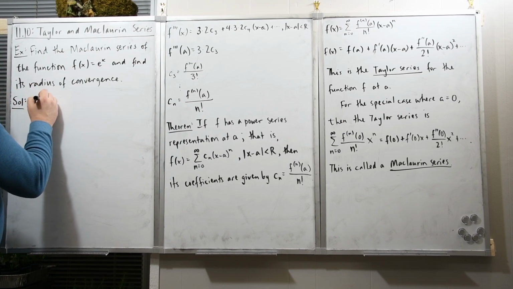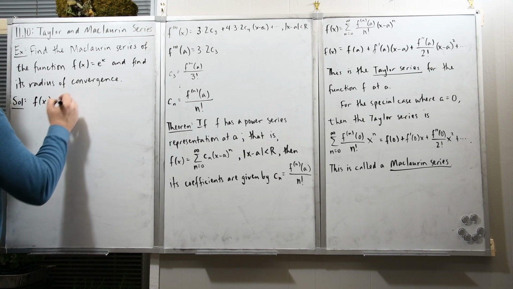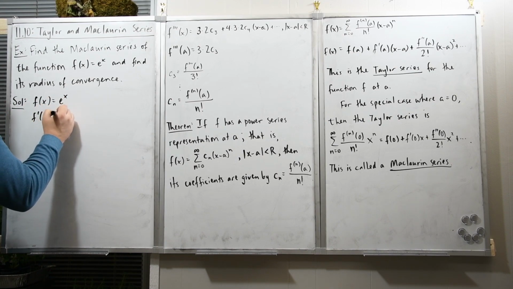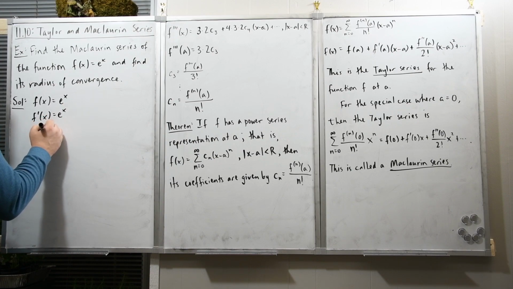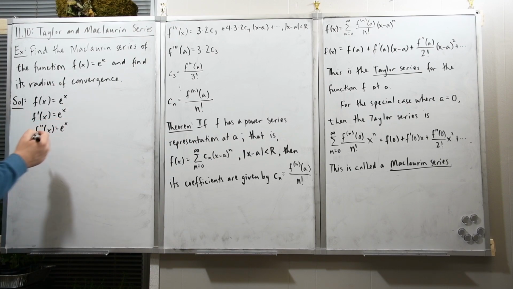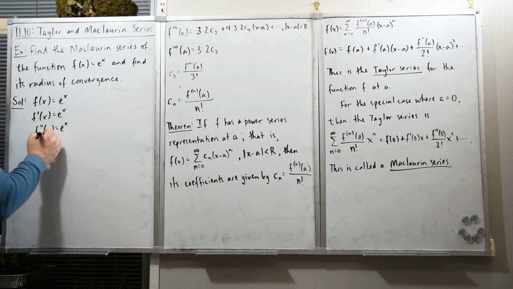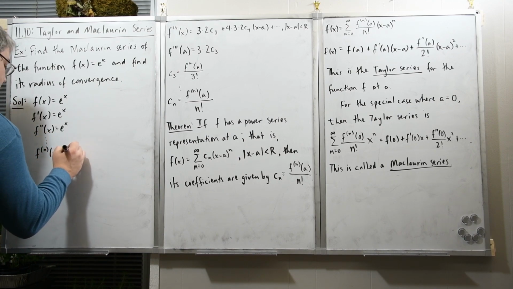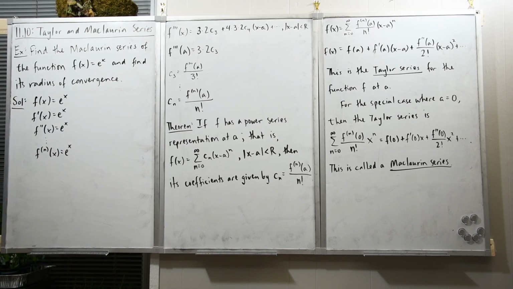So here we have f of x is equal to e to the x. But we also know that f prime of x is e to the x. F double prime of x is e to the x. And no matter how many times we decide to take the derivative, we're still going to get the same thing. So in general, the nth derivative of f of x equals e to the x is e to the x.